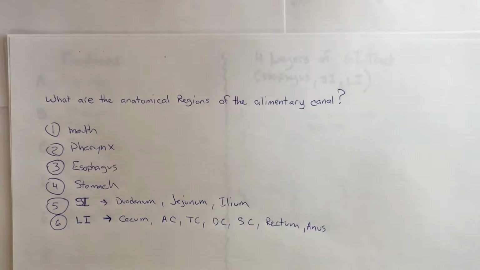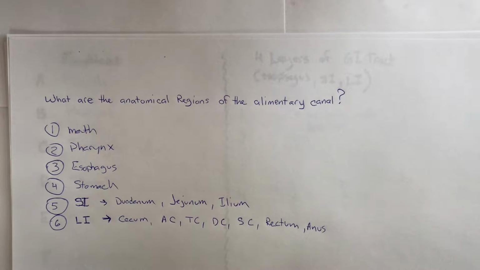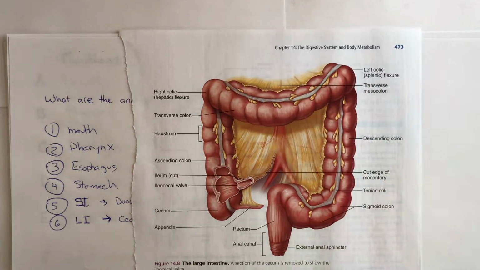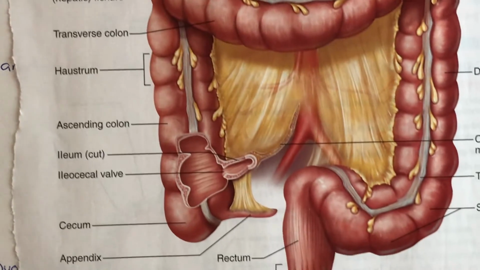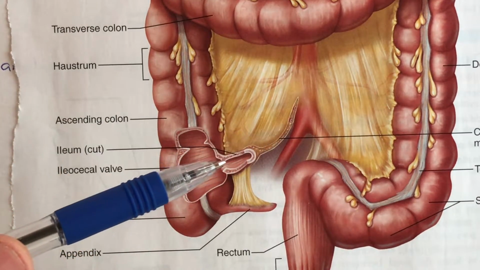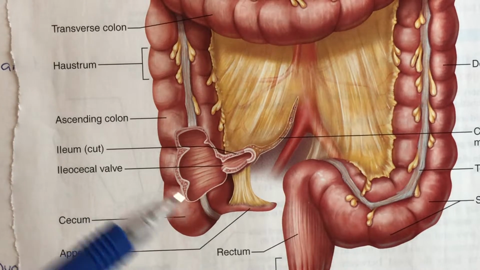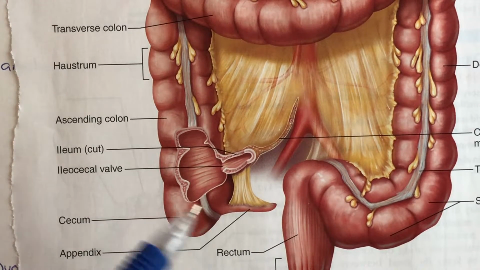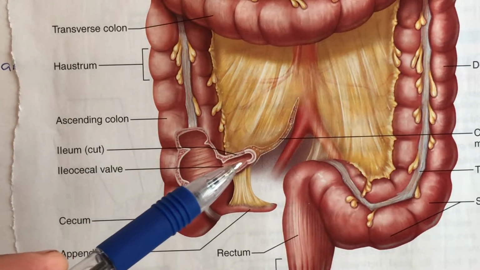And if we take a look at a photo, at a diagram. This is the large intestine, and here's the cecum. So here's where the small intestine will connect to. We have the cecum, and here's our appendix right here.